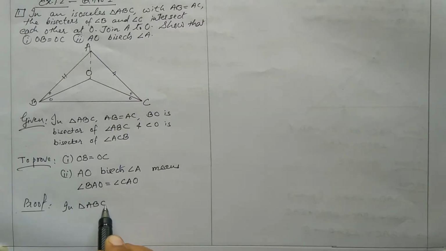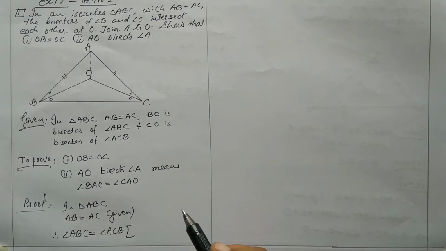In triangle ABC, AB is equal to AC. Therefore, angle ABC is also equal to angle ACB.